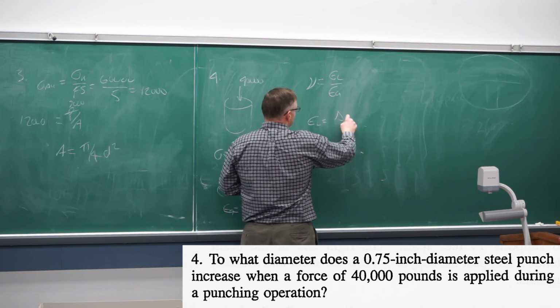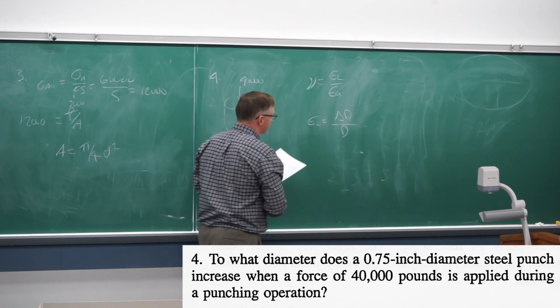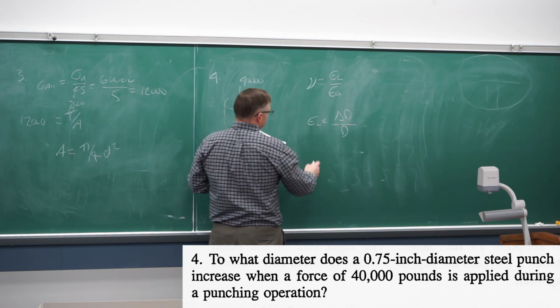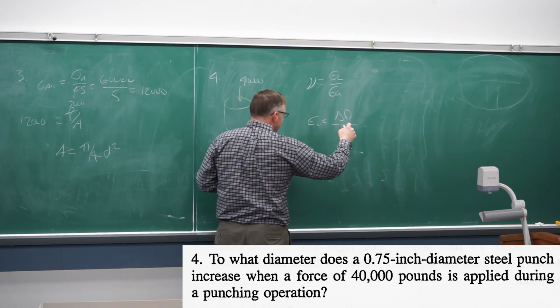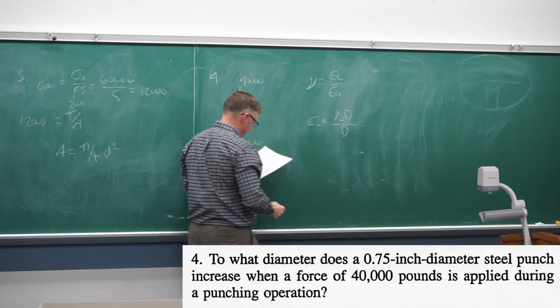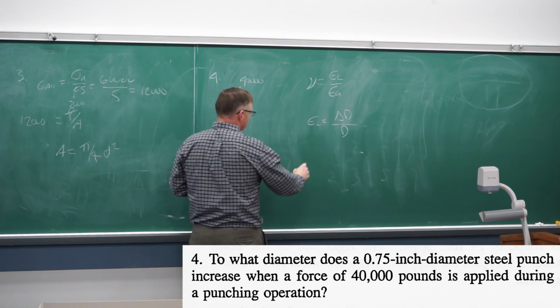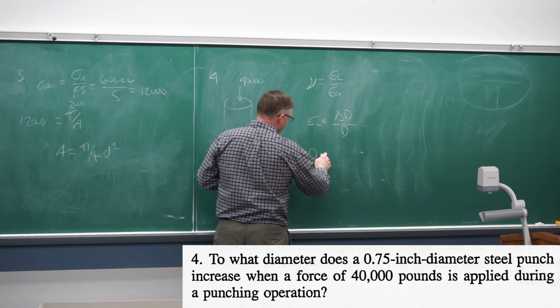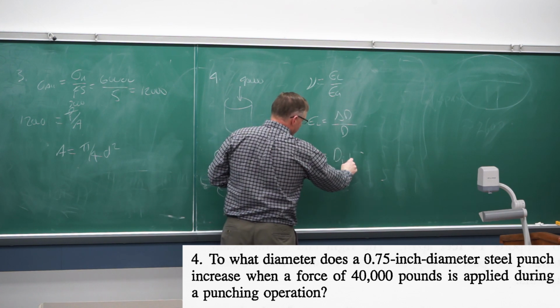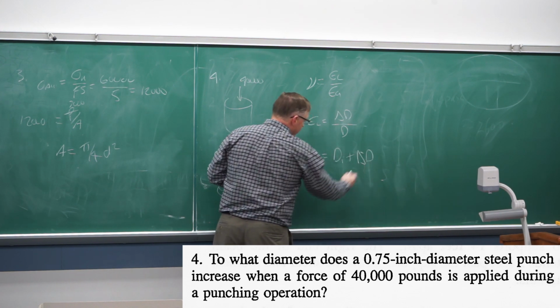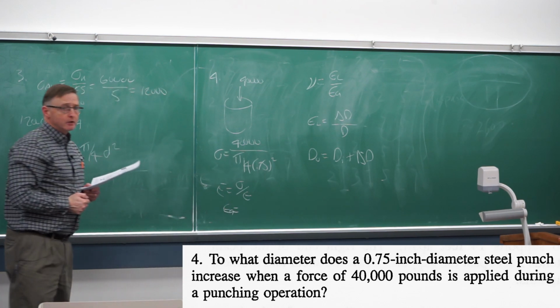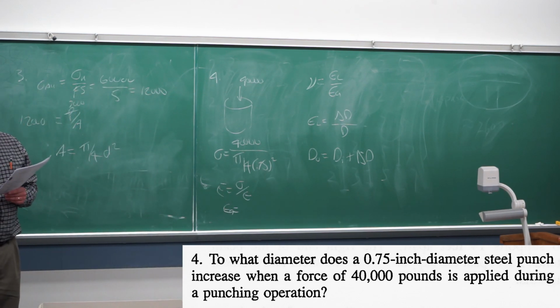And that's the change in diameter divided by the diameter. So now that you know the lateral strain, you can multiply it by the diameter, get the change in diameter, and then add that. So you're looking for the final diameter, and that's the initial diameter plus the change in diameter. There might be an easier way to do that, but that gets you there.